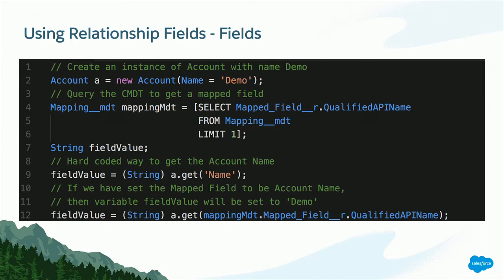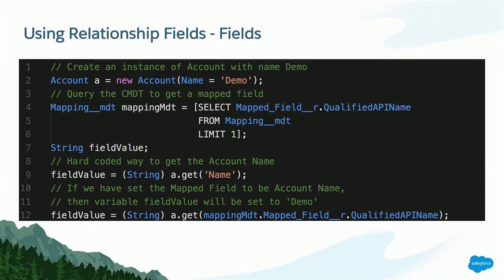But what we can do, when we have that relationship field defined, is we get a whole slew of other fields that we can grab from it. It's the field definition. If you look in the tooling API documentation, there's an object called field definition. All the fields that are defined in field definition are available to grab. So in this case, I want to grab qualified API name.